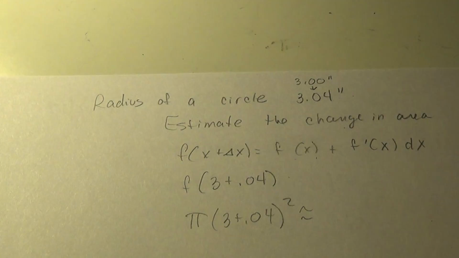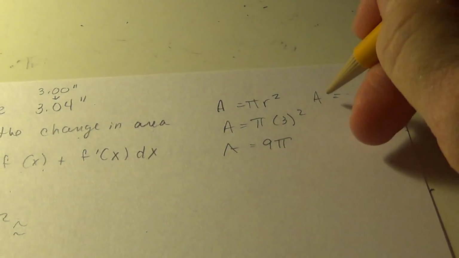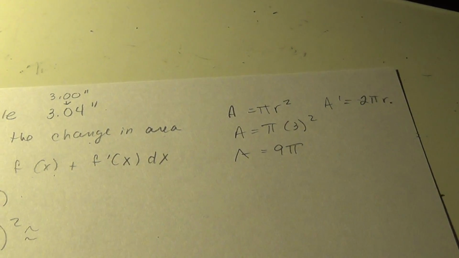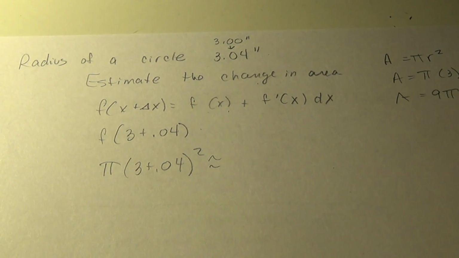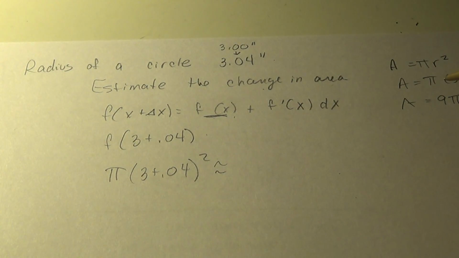So we're going to take the derivative. The derivative a prime is 2 pi r. So I'm going to come back here and, I'm sorry, I keep thinking that's the derivative. It's the function evaluated at x.